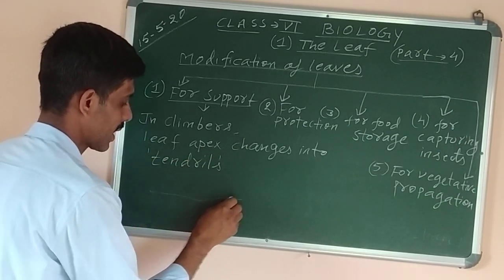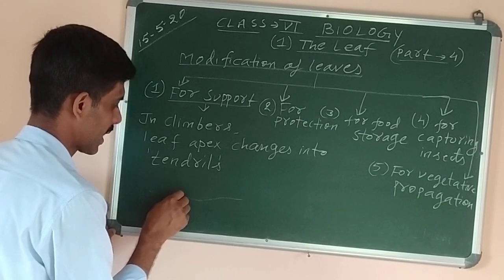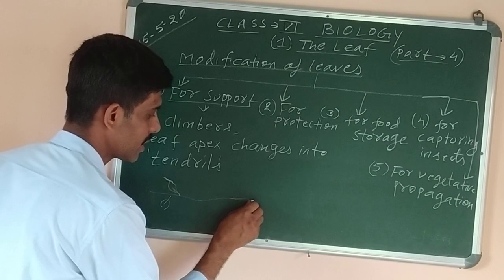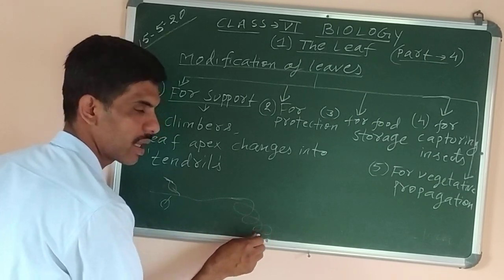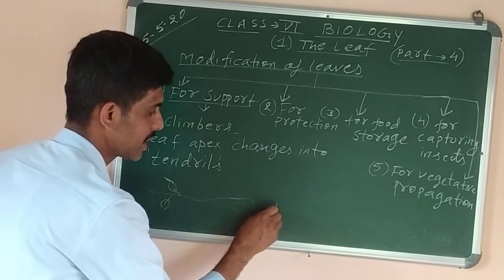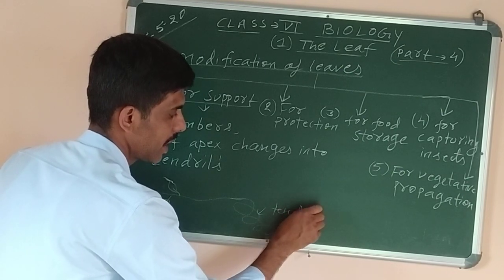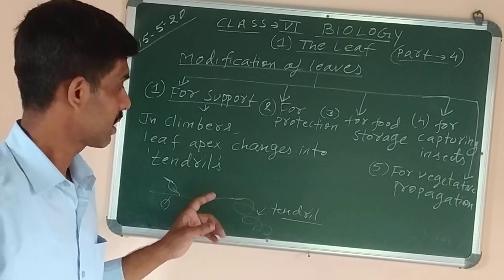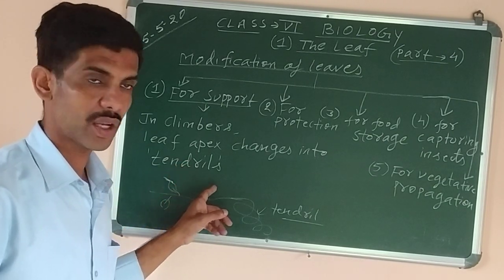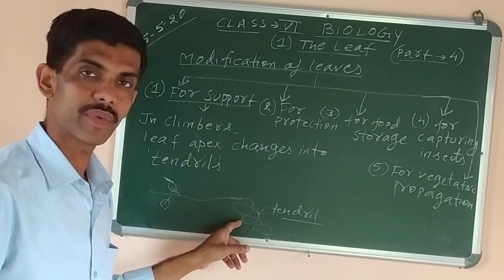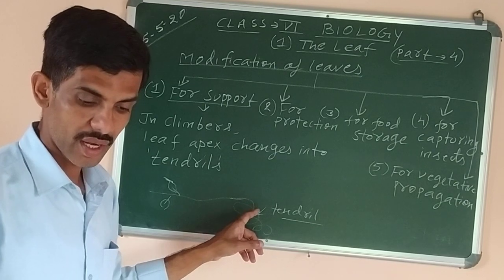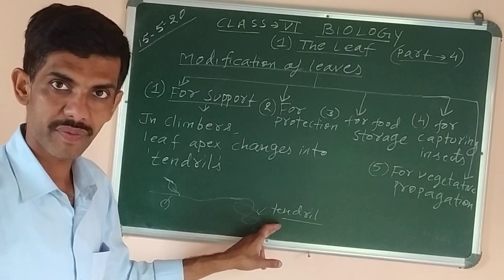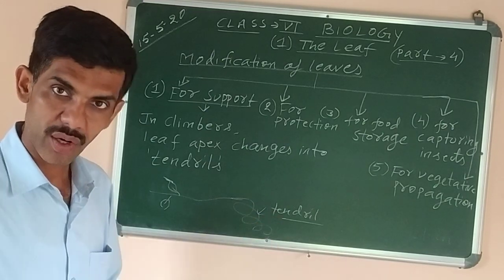Tendrils means thread-like structures. If I draw a diagram here, suppose in pea plant, the tip of the leaf is highly coiled like this. This is called tendril. So what is tendril? Tendril is the thread-like structure which is formed at the tip of the leaf. It is the leaf apex only. The leaf tendrils are soft, slender, coiled structures.